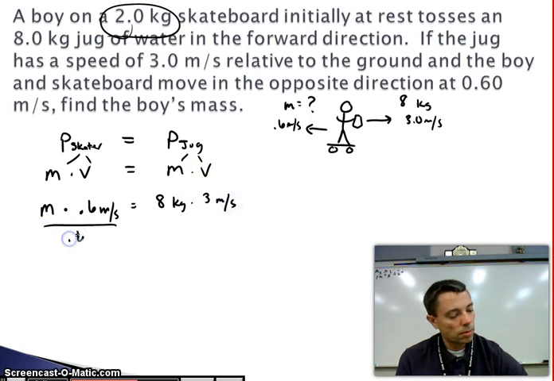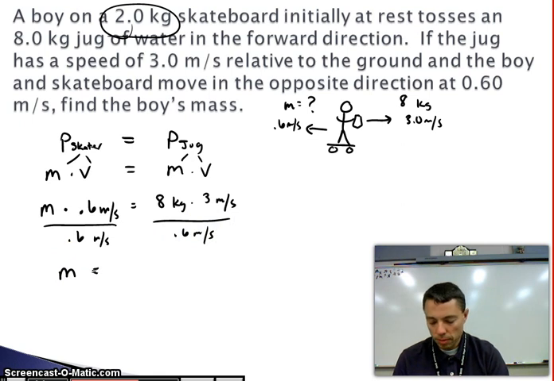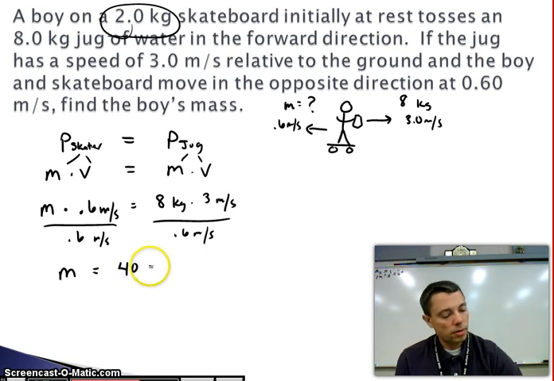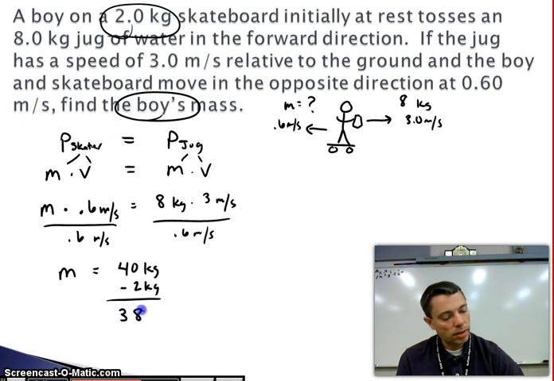So then I'm just going to divide by 0.6. My mass comes out to be 8 times 3 divided by 0.6, 40. Okay, this would be kilograms, but that's not the mass of the actual boy. That's the mass of the boy plus the skateboard. So I have to subtract from that 2 kilograms. So it's a 38 kilogram boy.